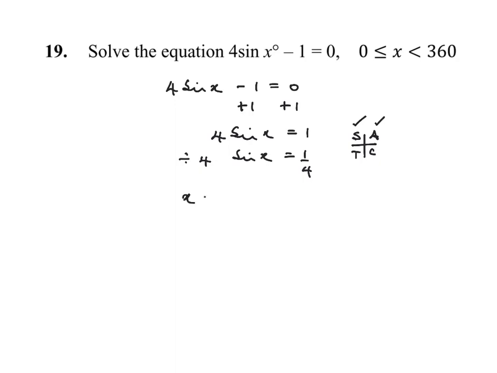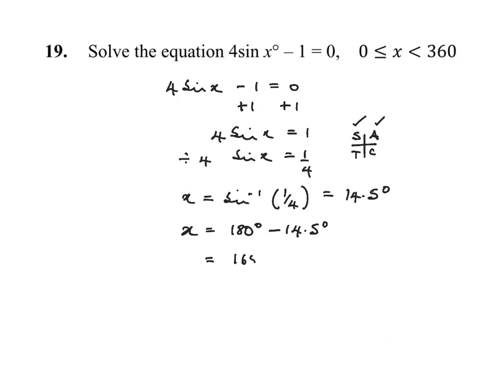So calculators, x equals sine to the minus 1 of 1/4, and that equals 14.5 degrees. And the second value is found by subtracting 14.5 degrees from 180 degrees, and that gives us 165.5 degrees.